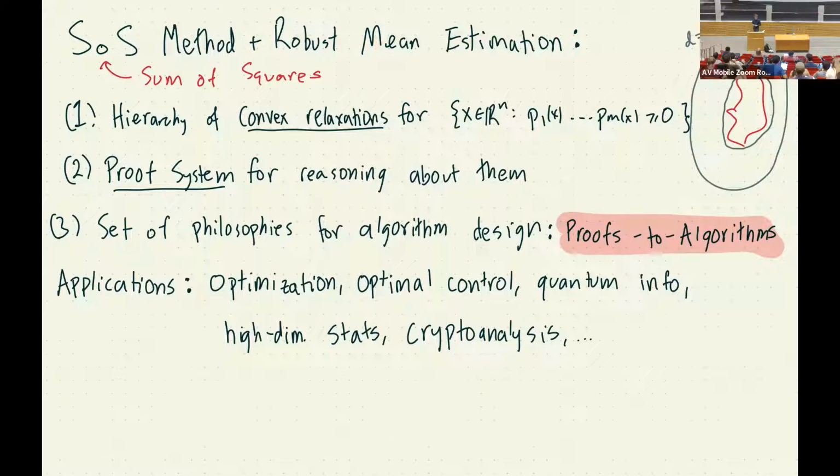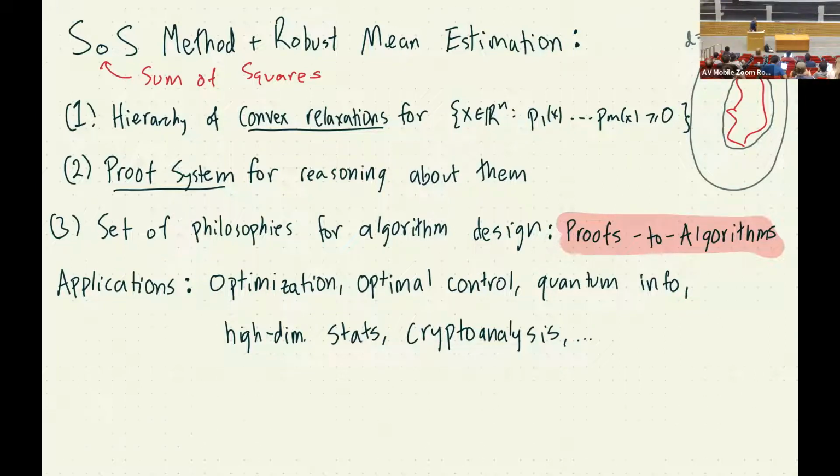So the sum of squares method is a few things. One, at its most basic, it provides for every so-called semi-algebraic set in R^n. A semi-algebraic set is just the set of vectors in R^n such that some collection of multivariate polynomials with real coefficients are simultaneously non-negative at those points.